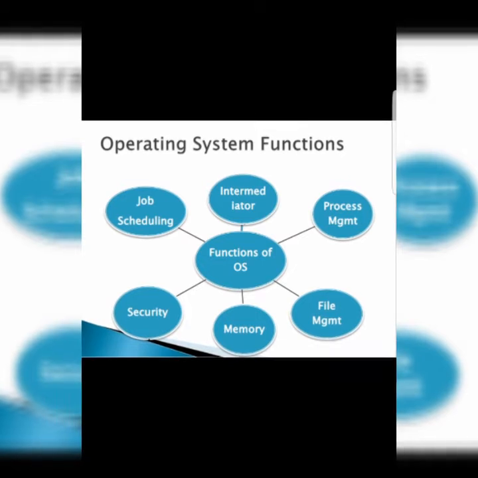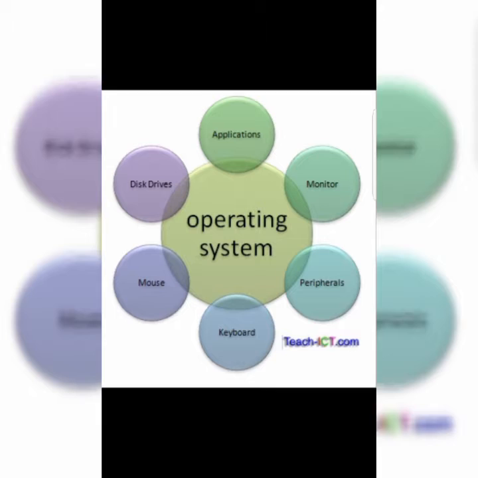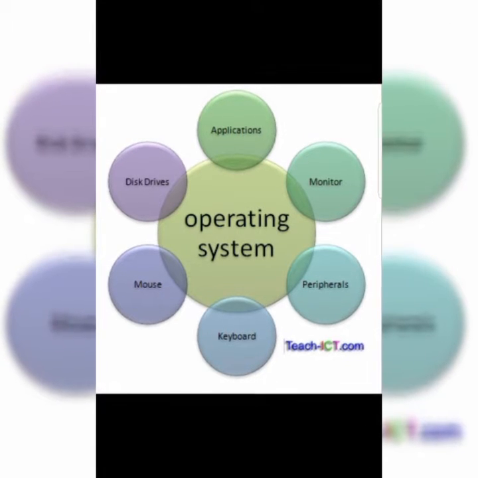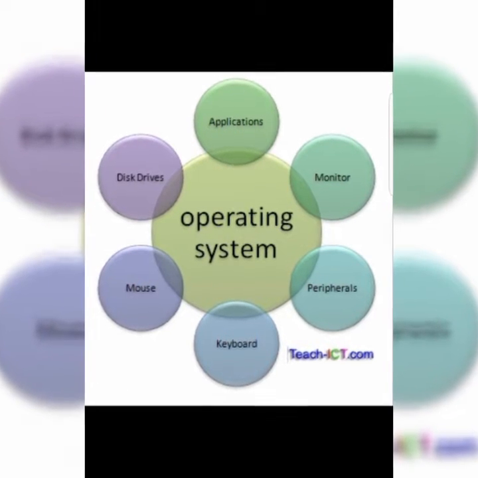What is an operating system? A computer needs to communicate with both the hardware and software. To do this we need the service of a system software which is called an operating system. Okay, operating system is a system software.